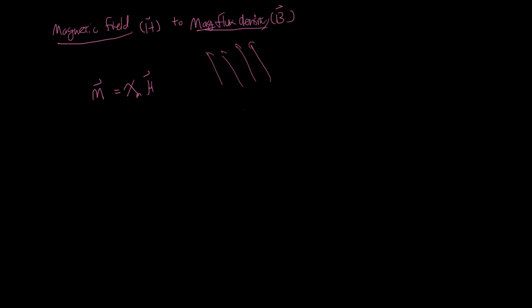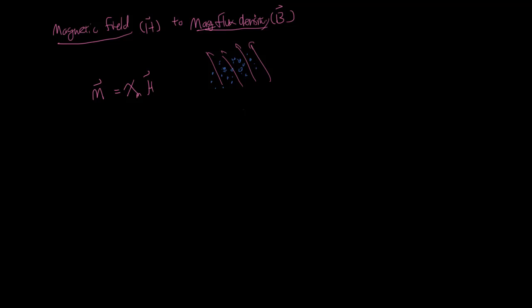In a simplistic model, we have atoms inside. The material will consist of atoms, and all of these atoms will have these little electron spins. For all intents and purposes, these act like very small current loops or regions of current.